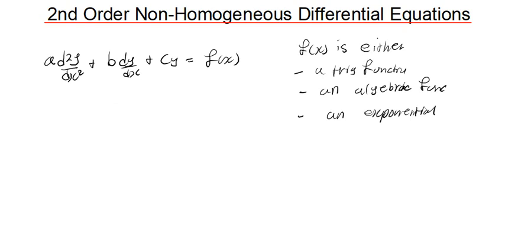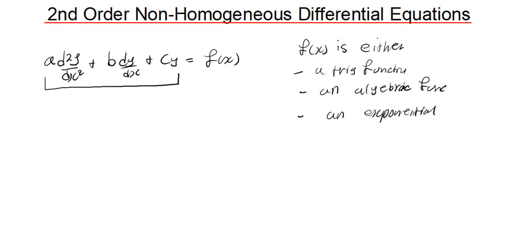Okay, we'll be coming up with particular solutions. When we come up with the solutions from the homogeneous differential equation, what we are going to come up with is a function that we call the complementary function.